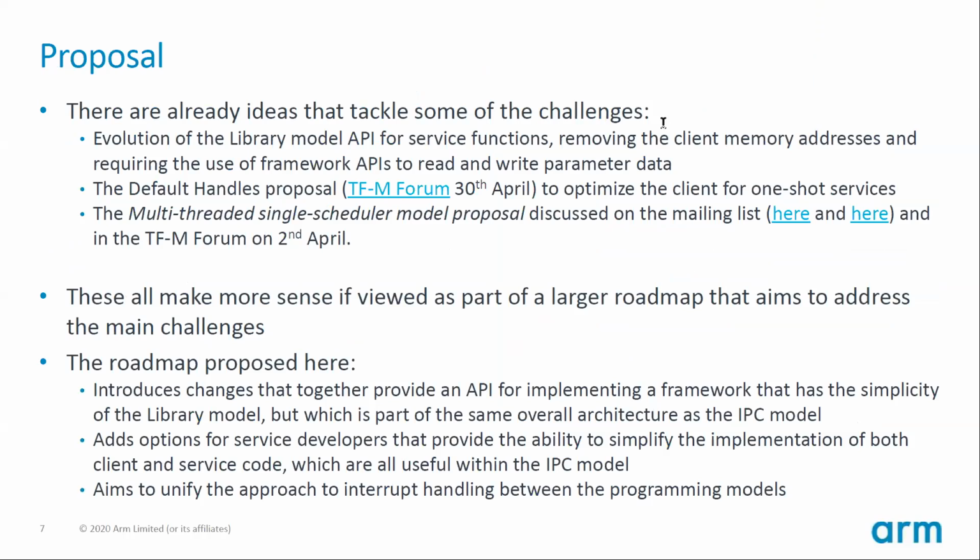So what our proposal is to, well, there are already some ideas to tackle some of these challenges. There's been an idea within the TFM team for a while to modify the library model API so that service functions by default use a similar approach to the IPC model, which is that they have to call APIs to read and write the client parameters, with possibly an extra API that gives them the ability to recover the direct data pointer where they need it for efficiency.